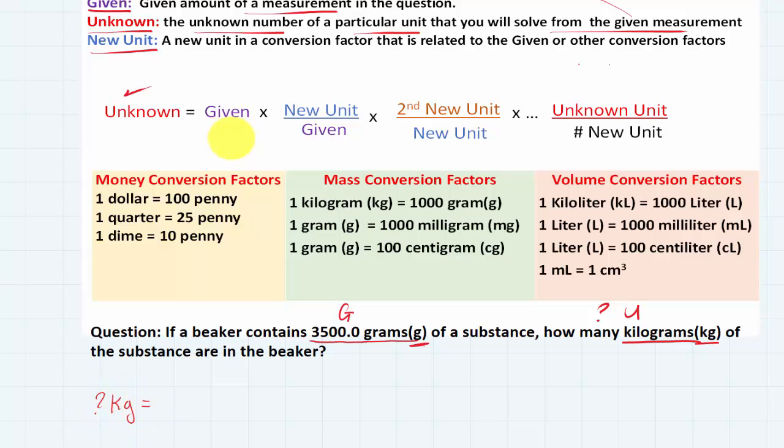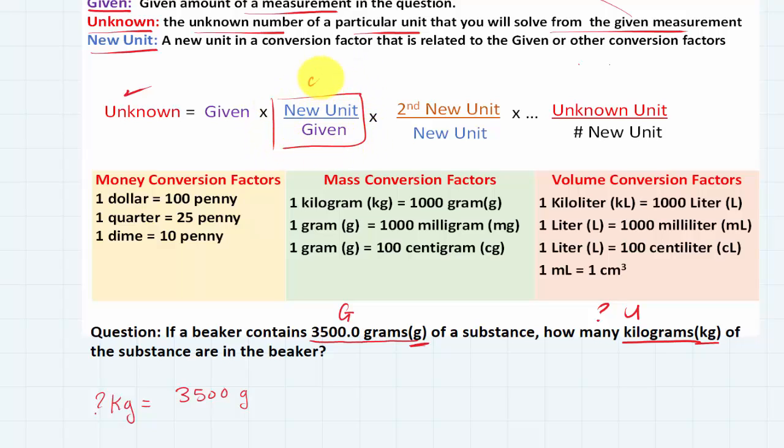And we go back to our systematic approach. We always start with the given information, which is 3,500 grams, and I'm going to abbreviate gram with G. So 3,500 G. And then here we have new unit over given.